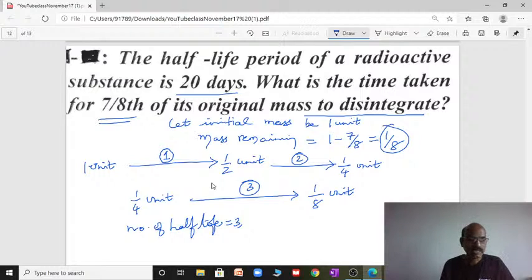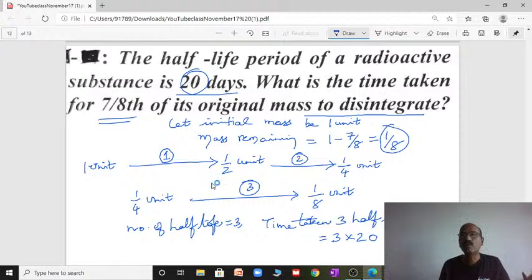The time taken for 3 half-lives equals 3 into the half-life given. See the first line: the half-life period of the radioactive substance is 20 days. So 3 into 20, it takes 60 days. That is the correct answer. The time taken for 7 by 8 of its original mass to disintegrate is 60 days.